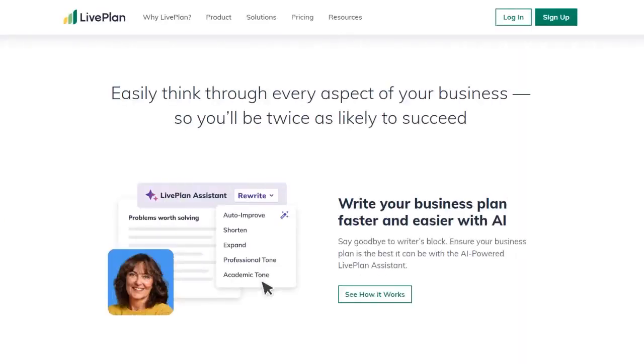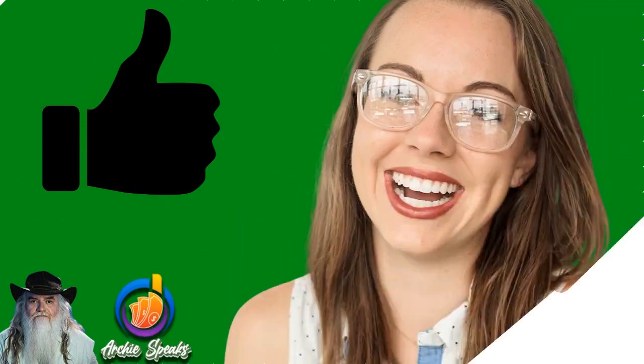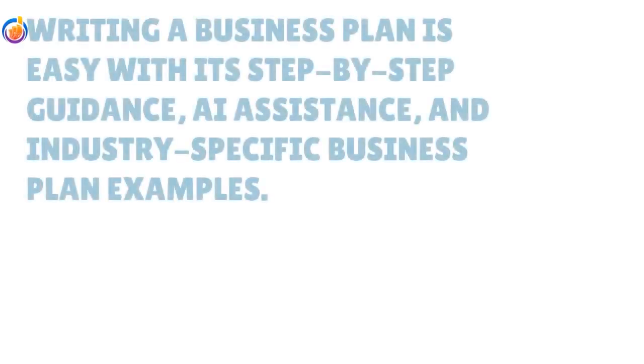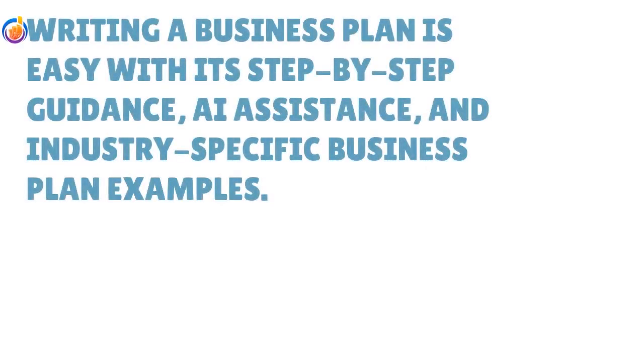Let's talk about LivePlan. So LivePlan, I want to quickly go through the pros and cons so you have a clear idea what I'm talking about here. So I want to start with the pros here. Running a business plan is easy because LivePlan has step-by-step guidance, and it also has AI assistance, so artificial intelligence. So this is kind of cool, and you have industry-specific business plan templates.